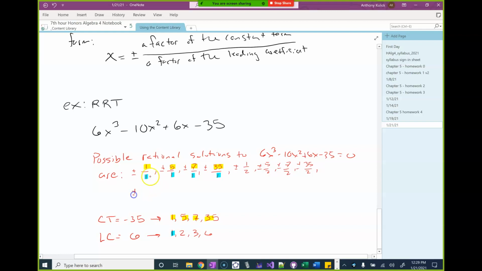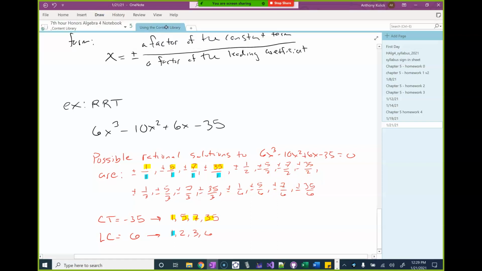Or I could have plus or minus 1 over 3, 5 over 3, 7 over 3, and 35 over 3. As well as plus or minus 1 over 6, 5 over 6, 7 over 6, and 35 over 6.